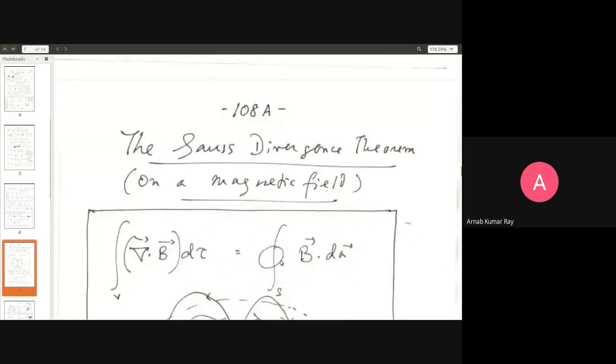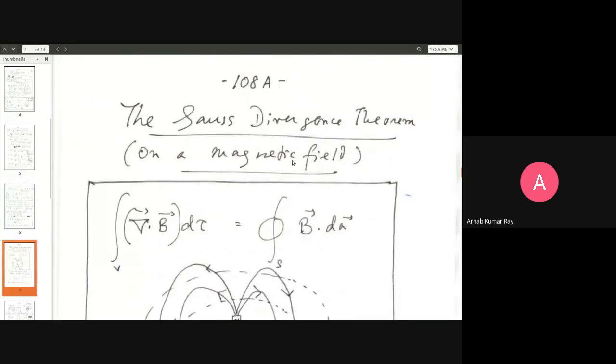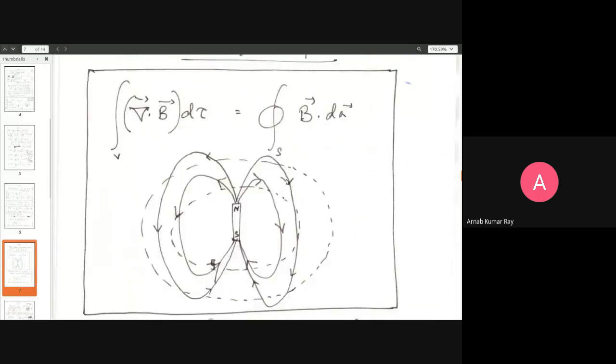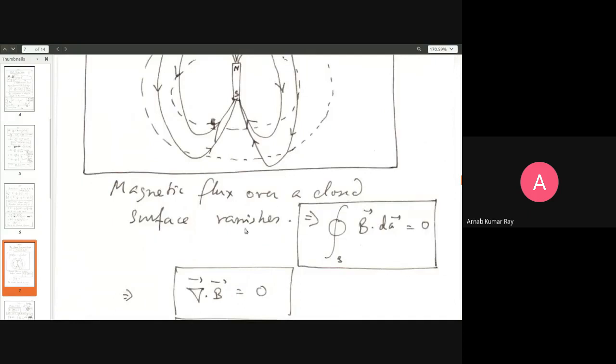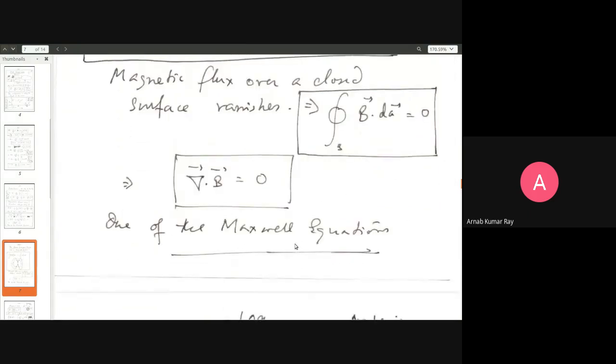So that is generally true. We ended our discussion in the last class saying that if the divergence of a magnetic field is zero, then its closed surface flux will also be zero, which has important consequences in various cases. We touched upon a few of those cases, like the case of sunspots.